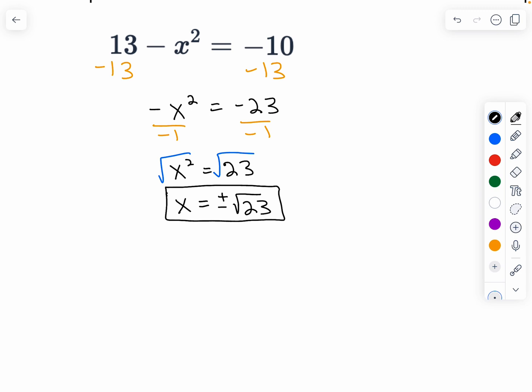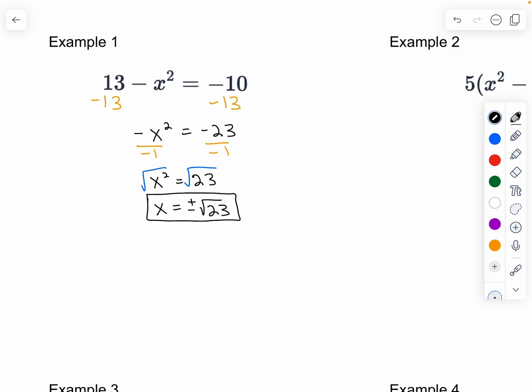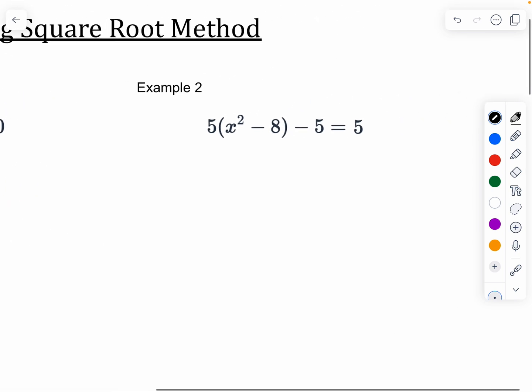Because the square root of 23 does not simplify, that is the best we can do. That is a fully simplified final answer. I'll also remind us that that answer has 2 numbers in it: positive root 23 and negative root 23. That's just a more condensed, simple way to write both those answers. All right.